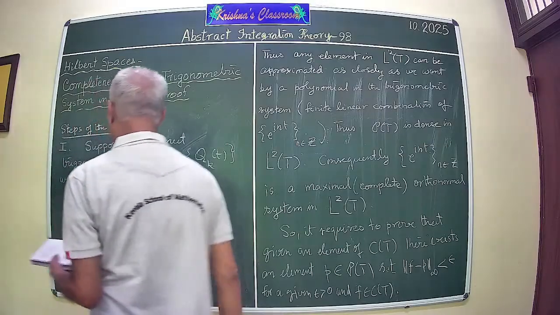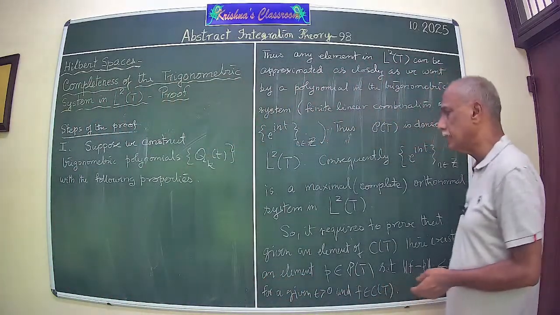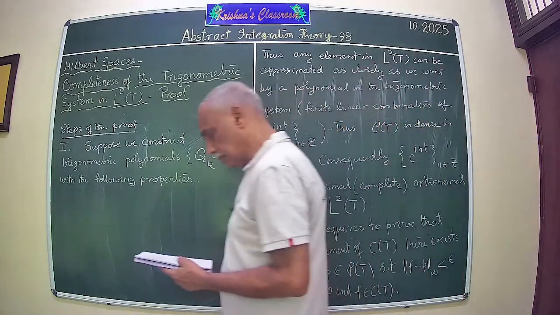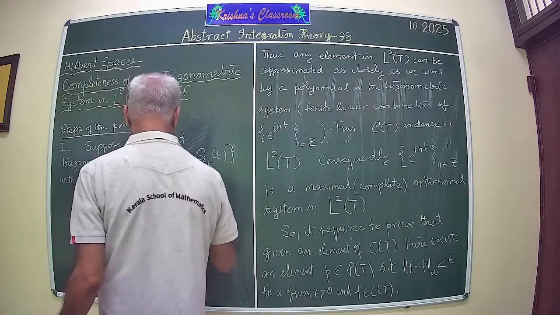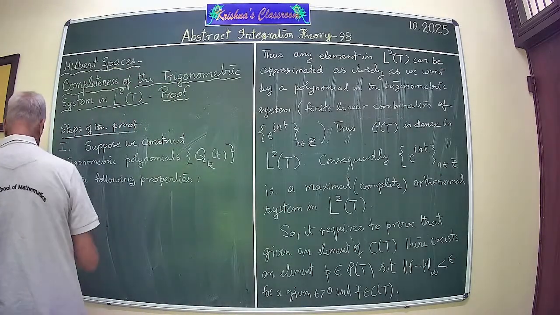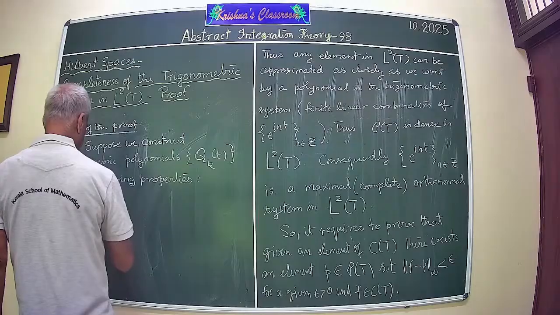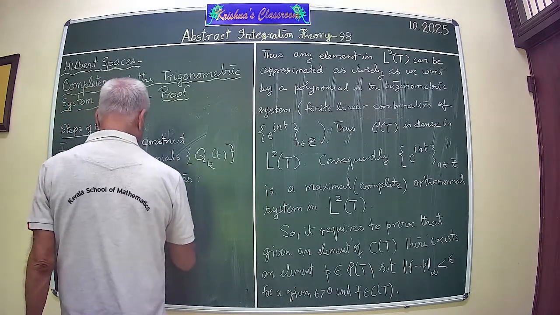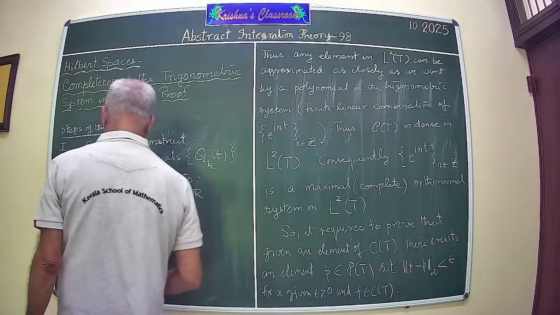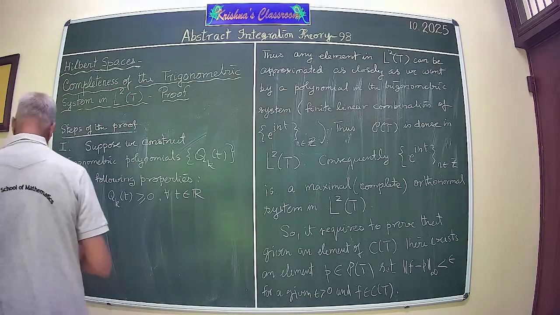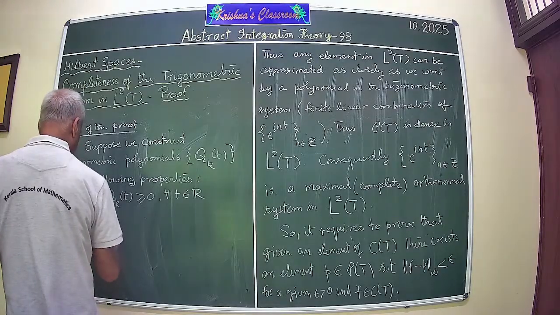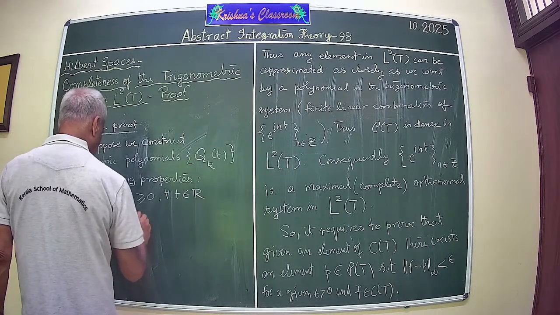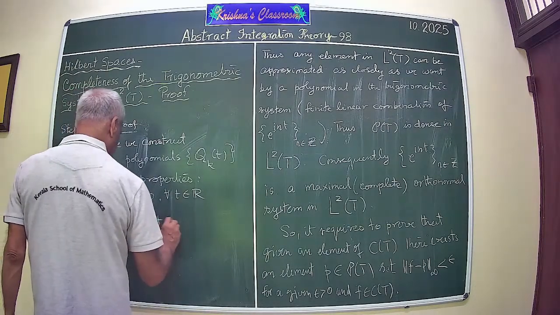Each Q_k(t) is a finite linear combination of e to the power int. So what are the properties? The first property is that Q_k(t) is non-negative for every t belonging to R. Second, 1 upon 2 pi times the integral of Q_k(t) is equal to 1.